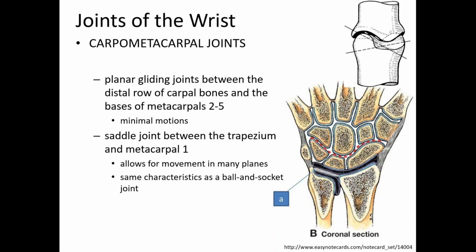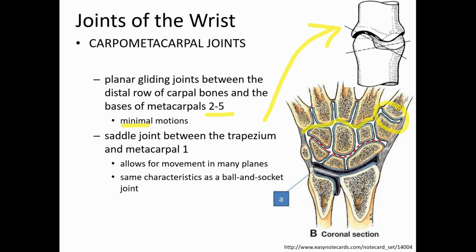And finally, we have the carpo-metacarpal joints, so between the carpal bones and the metacarpals. So digits 2 to 5, so your fingers, there's not too much motion there between the carpal bones and the metacarpals. But when we get to the thumb, this is that unique saddle joint, okay? So the trapezium and metacarpal 1, which is in the thenar eminence, okay?